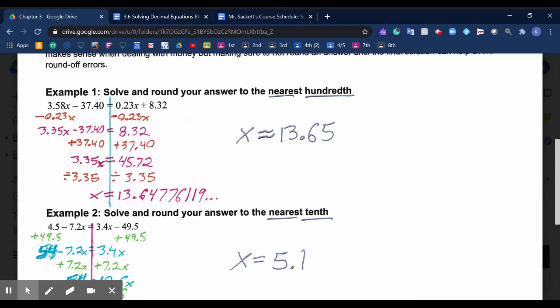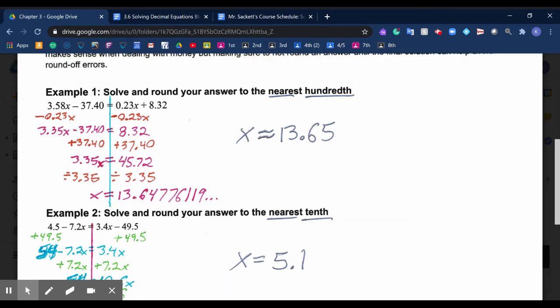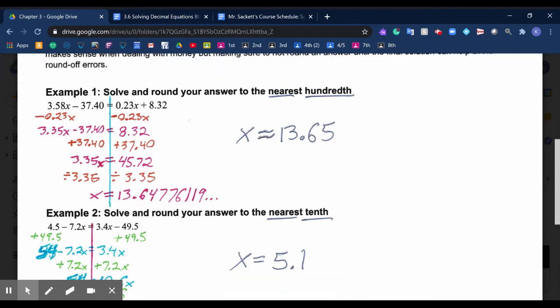So what I decided to do was to subtract the 0.23x from each side. So 3.58x minus 0.23x gave me 3.35x minus 37.40 equals 8.32.